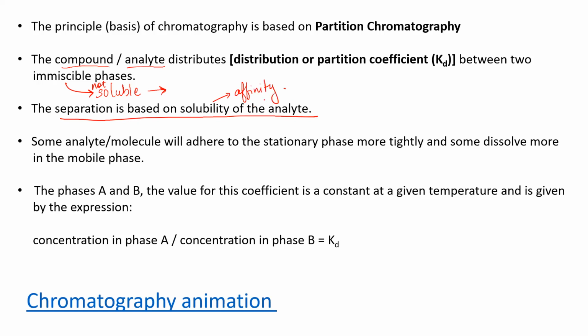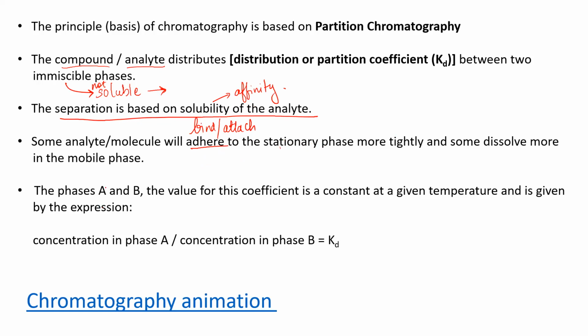Some molecules, analytes, compounds, or drugs are more attracted and have more affinity, so they will adhere, that is, bind or attach, to the stationary phase so tightly that the ones which are not tightly attached to the stationary phase will come out in the mobile phase.